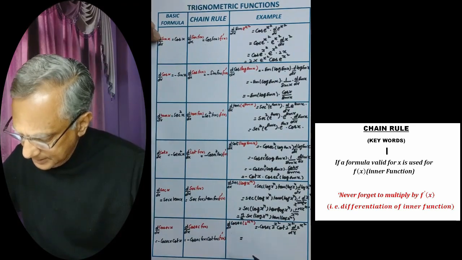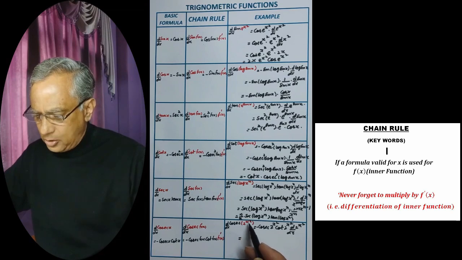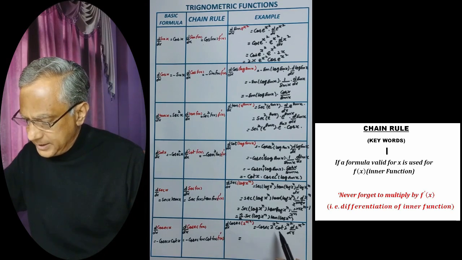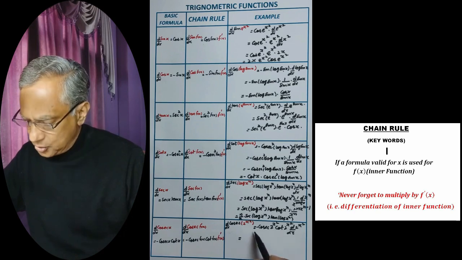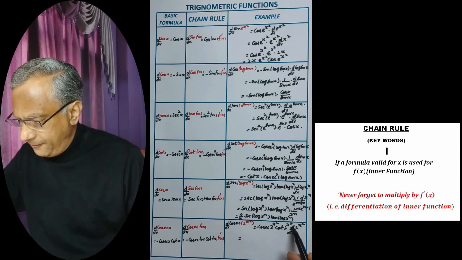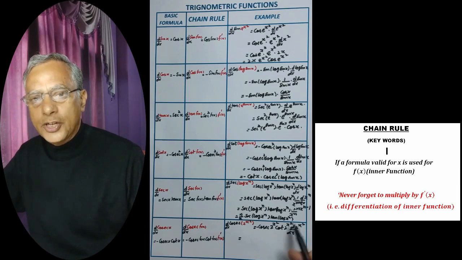And last is d by dx of cosecant 2 to the power of x square. Now differential of cosecant is minus cosecant x cotangent x. So here we have f x. So minus cosecant f x cotangent f x into d by dx of f x, chain rule.